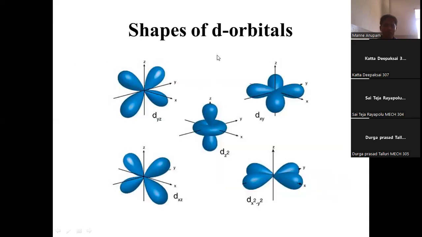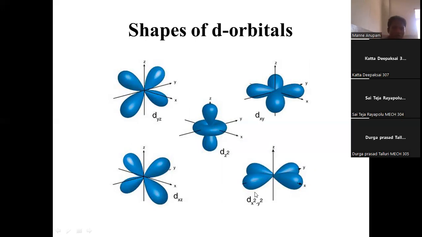So here are the d orbitals. In the first slide we have seen that the s orbital is spherical and the p orbital is dumbbell shaped, and here we are seeing that d orbitals are double dumbbell shaped.